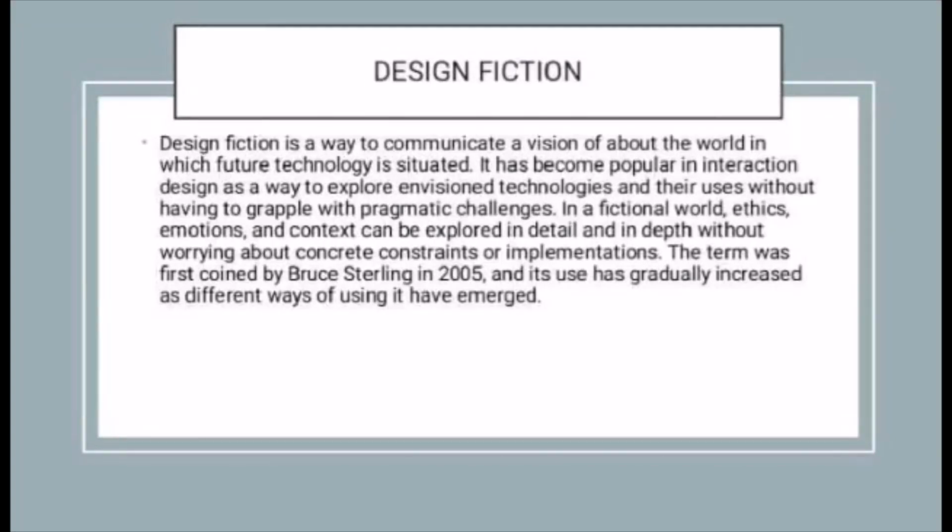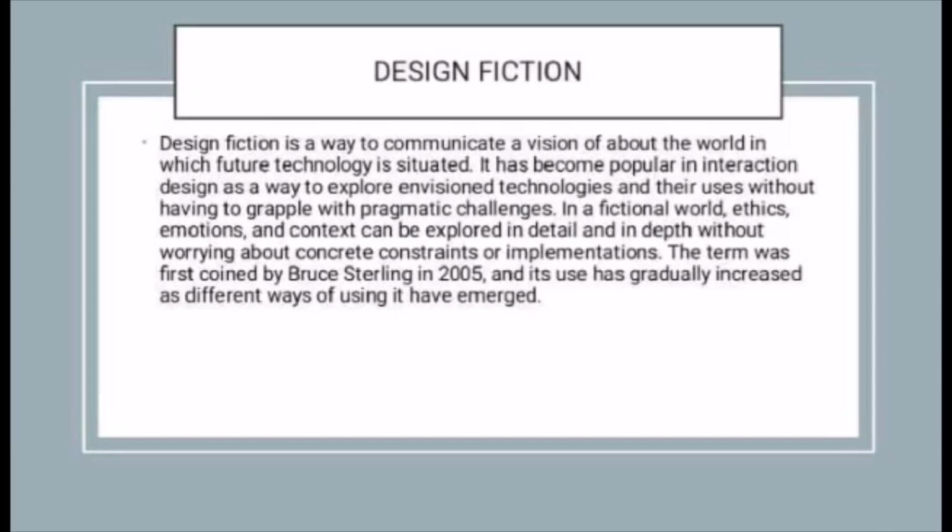Design fiction. Design fiction is a way to communicate a vision about the world in which a future technology is situated. It has become popular in interaction design as a way to explore and envision technologies and their uses without having to grapple with pragmatic challenges.